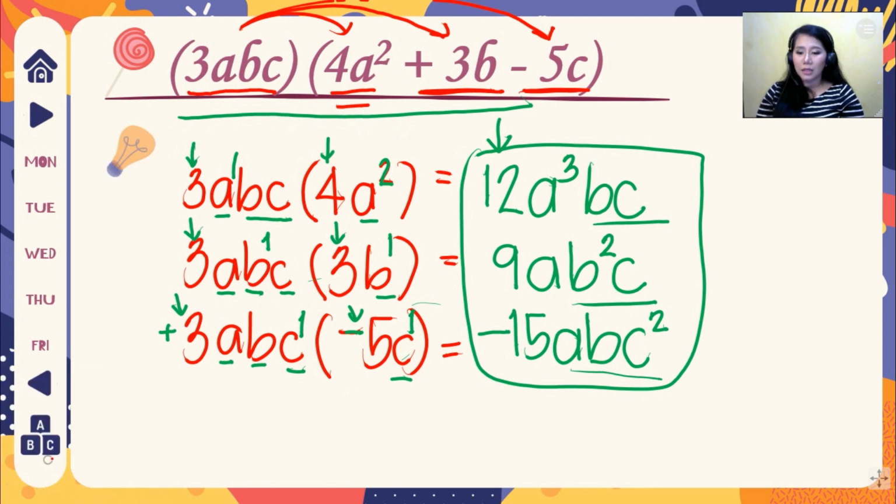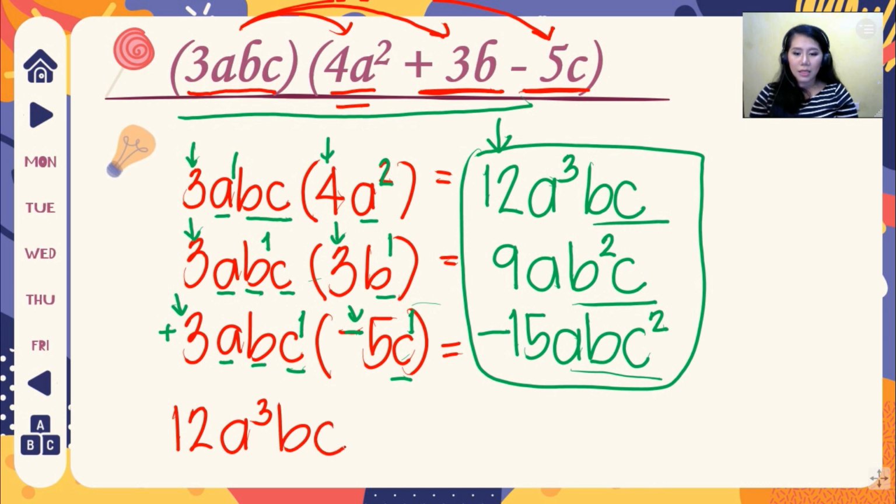So, what will be our final answer? Ganito lang naman, class. You just have to align it horizontally. So, 12a cubed bc. Okay, next. 9 here, kasi arrange natin siya horizontally. 9 here is positive, so we have to write plus.